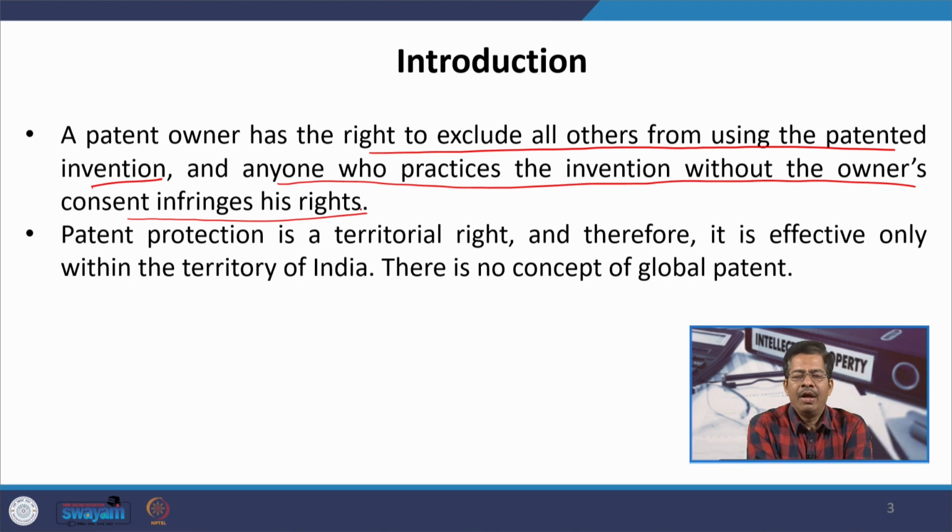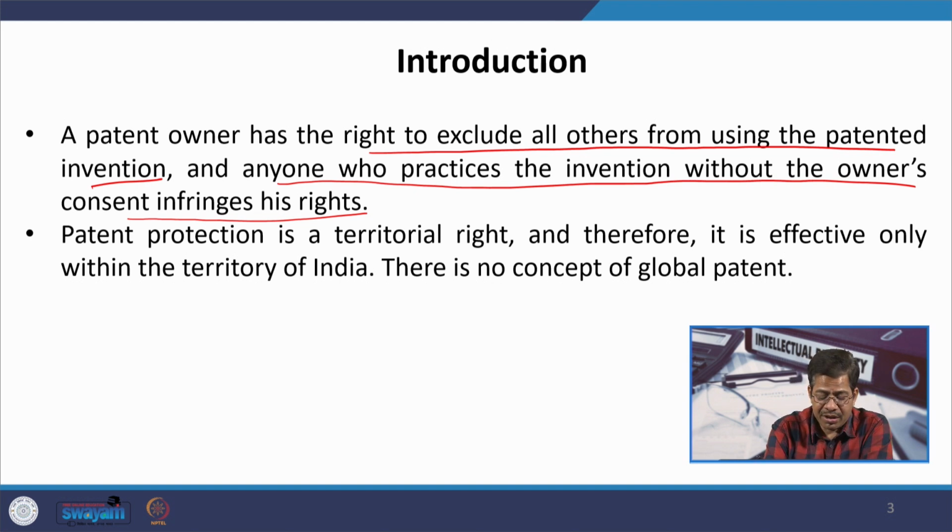Therefore, whoever uses my IP without my consent commits infringement of IP. If you start using my invention without my knowledge, without my permission, it is considered infringement of my IP rights.